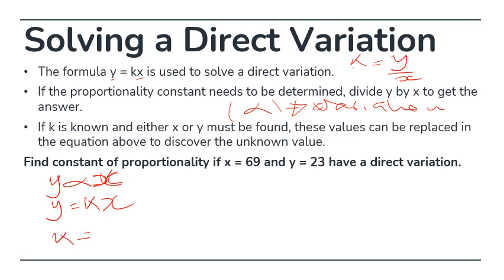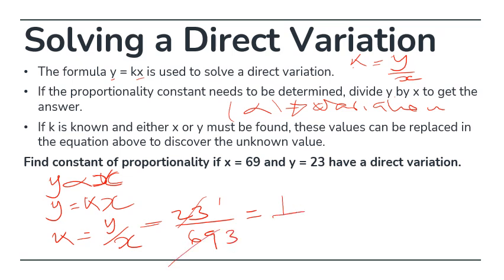Now it will be equal to y divided by x. y we have been given as 23, and x we have been given as 69. So 23 into 23, that's 1. 23 into 69, that's 3.